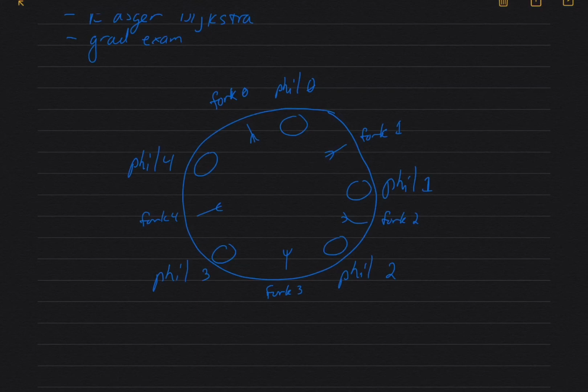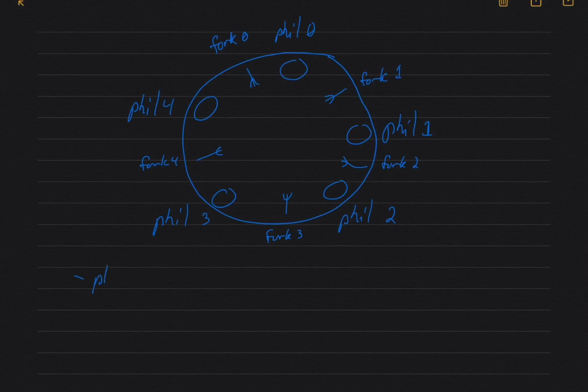So for most of the philosophers, the fork on the right will be the same number as the philosopher, and then the fork to their left is the philosopher number plus 1, with the exception of philosopher 4, where the fork to their left is fork 0.